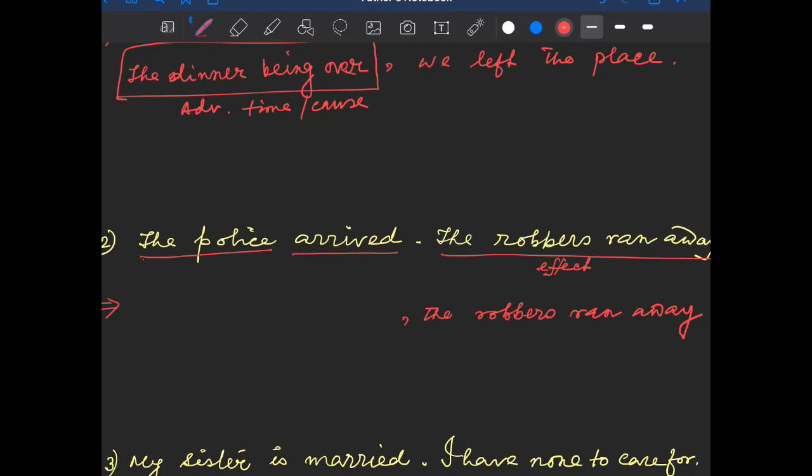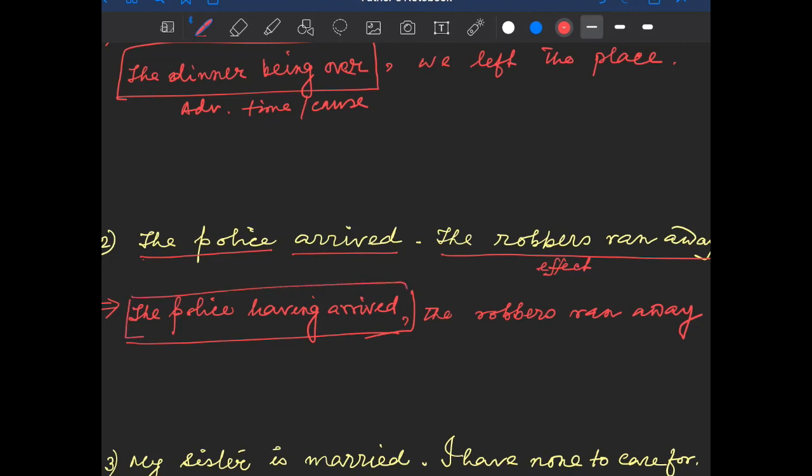No be verb is there, so it is easy to make it absolute. The nominative, the police, now having arrived, past participle. The police having arrived, the robbers ran away. This is absolute phrase, and the police, this is nominative absolute.